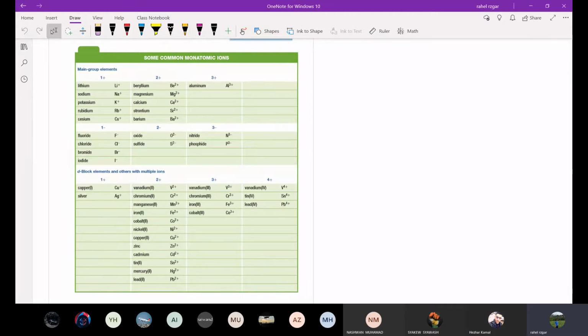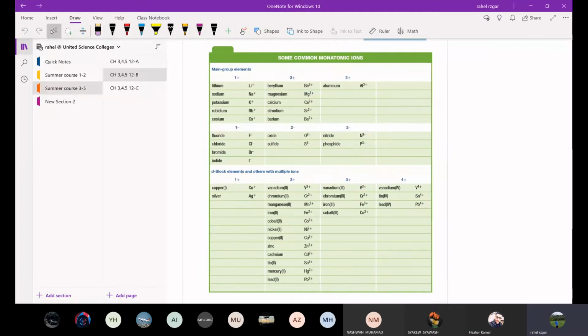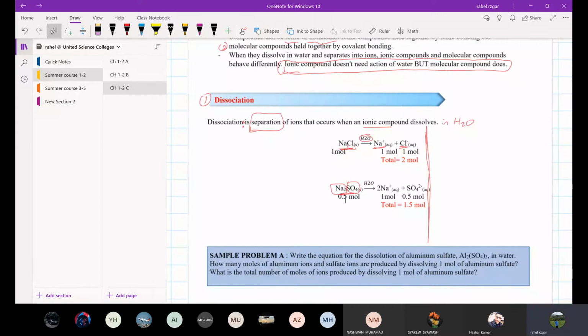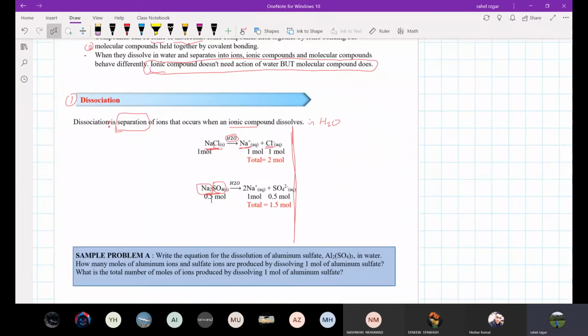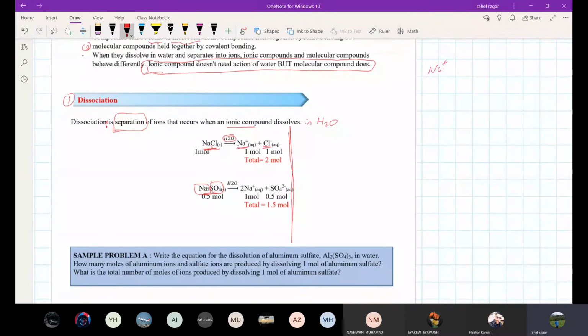For example, let's go back to our example here. When it says sodium chloride, you have to know it's NaCl. Or when it says sodium sulfate, sodium is positive 1, and you will say, oh, what is sulfate? It's SO4 with 2 negative.